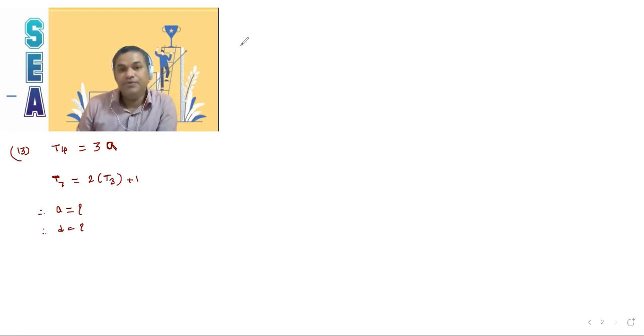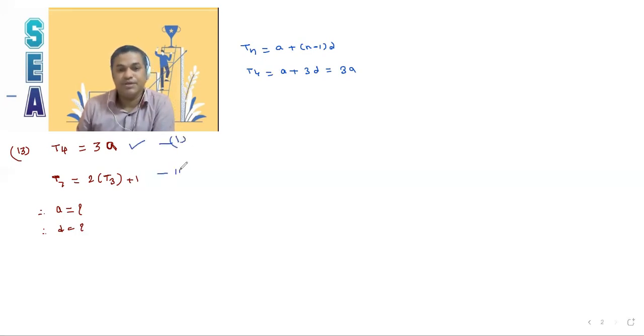So now here, first of all, T4: we will say that Tn is equal to a plus n minus 1 into d. So T4 will be a plus 3d, that is equal to 3a itself. See, based on this information, this is 1 and say this is 2.